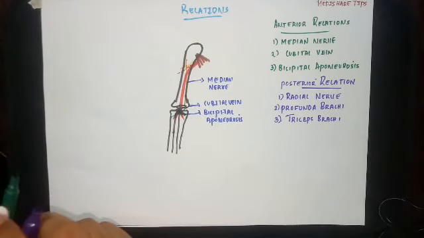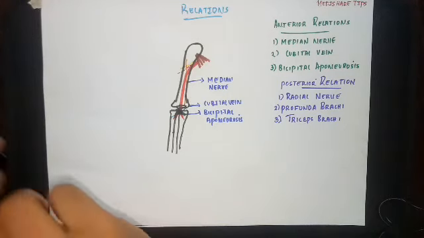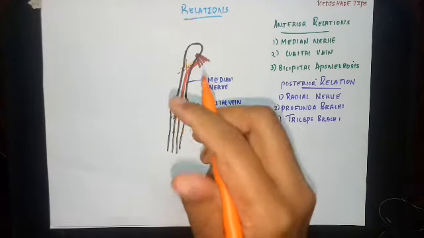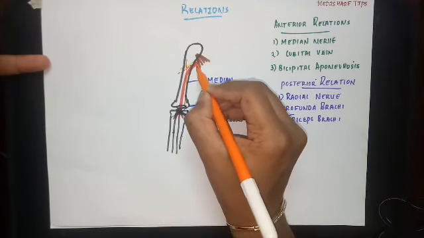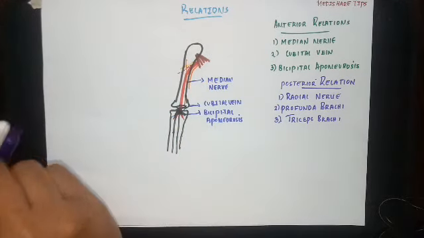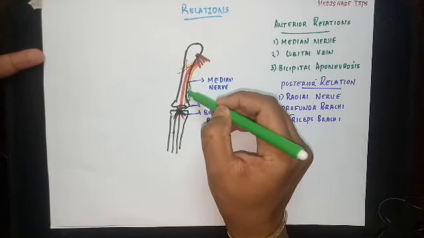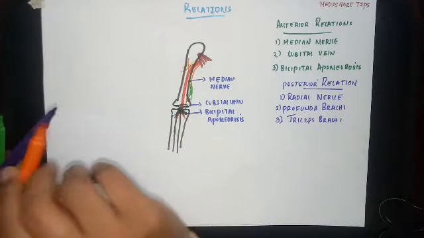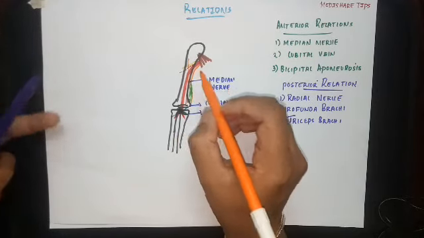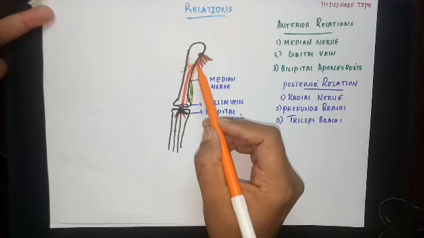Now we will discuss the medial relation of the artery. We know that medially the ulnar nerve passes like this. The ulnar nerve passes medially and here it pierces the medial intermuscular septum and comes to the posterior aspect of the medial epicondyle. So in the upper part, the ulnar nerve is medial to the artery.